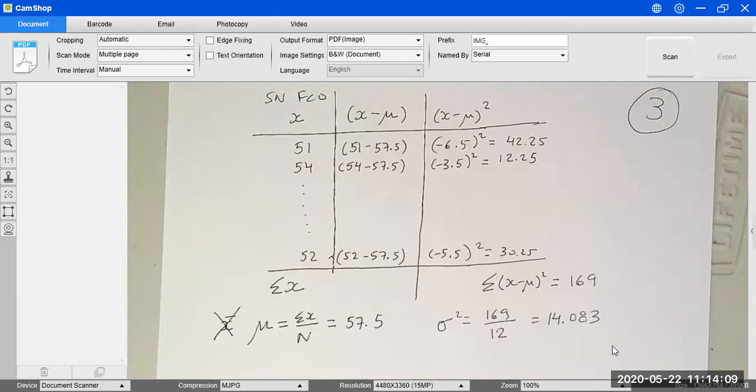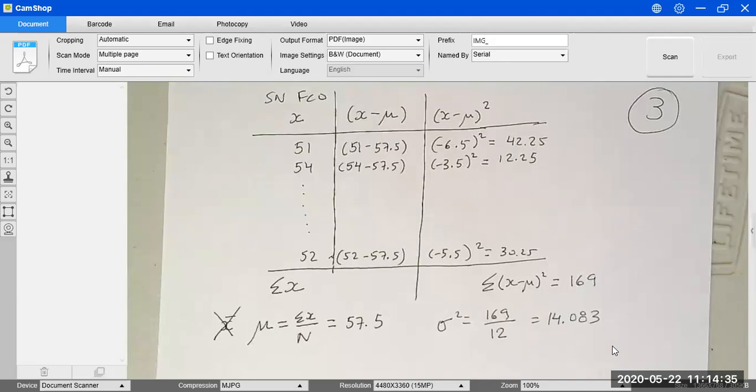So we have the standard deviation. For this problem, we have the sample variance. So we're gonna work one more example.